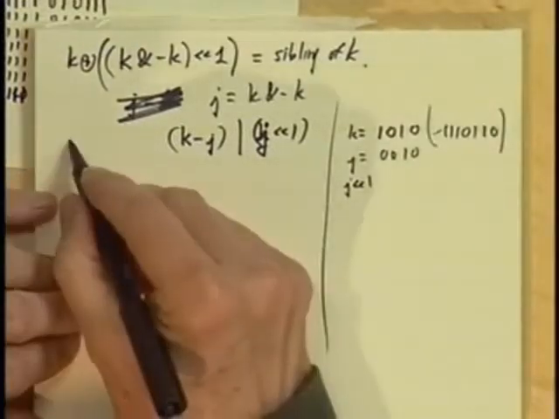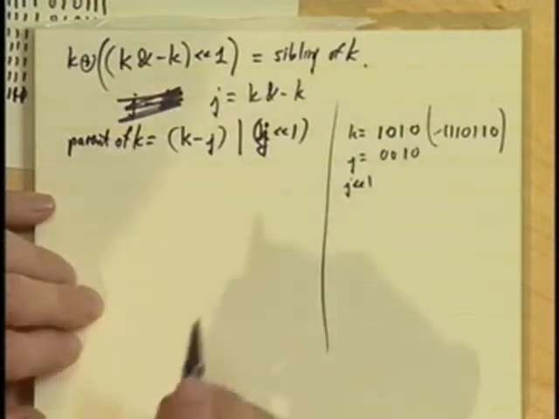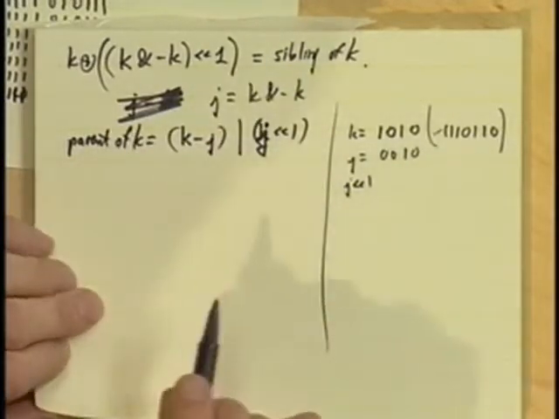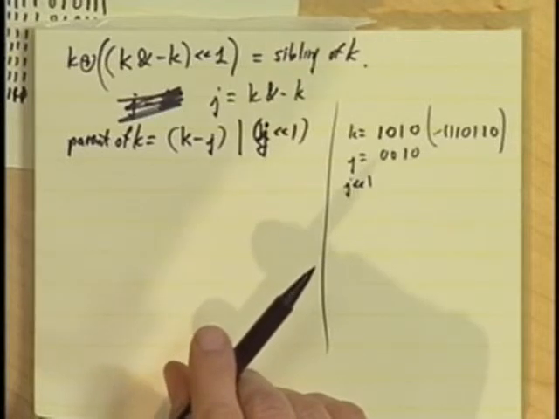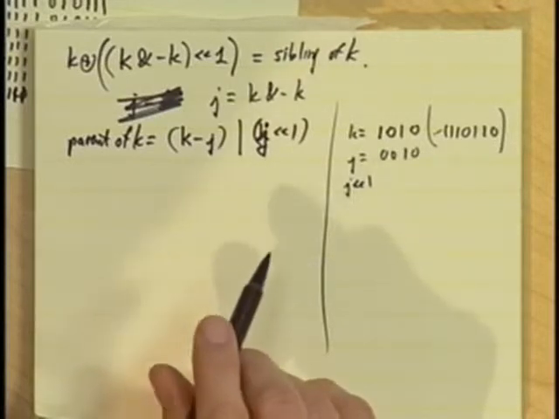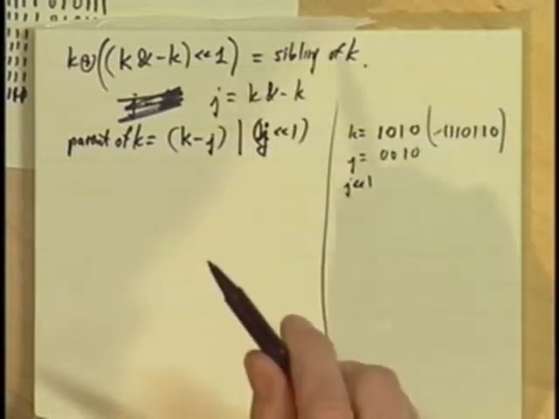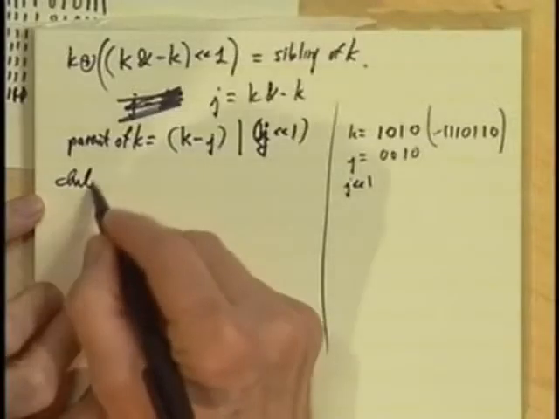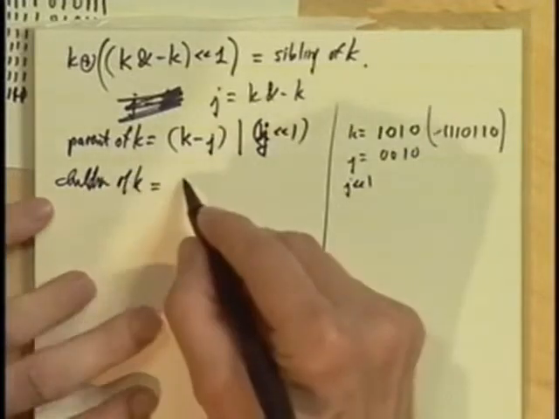So this is the parent of k, and the sibling of k we got. Now the children can also be found easily. I guess I might as well say the children of k, just to prove that it's nice.